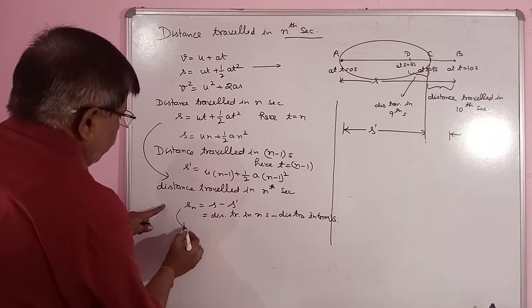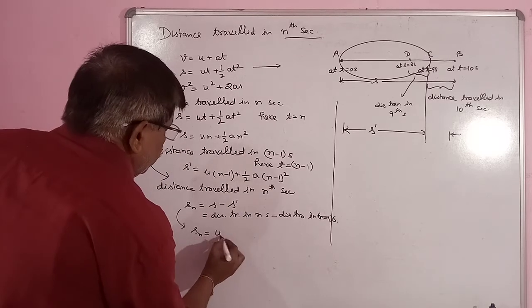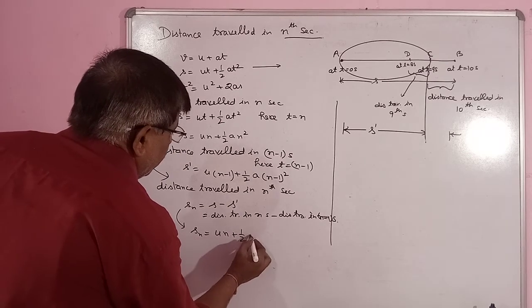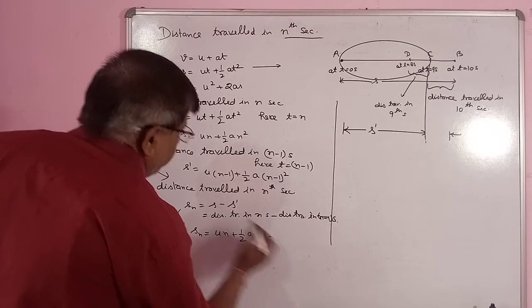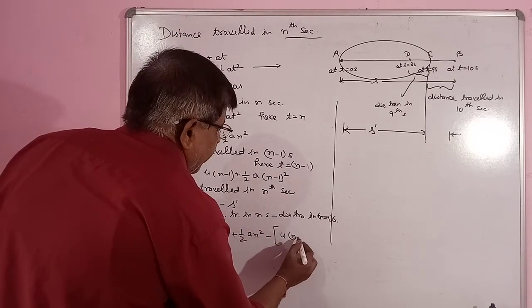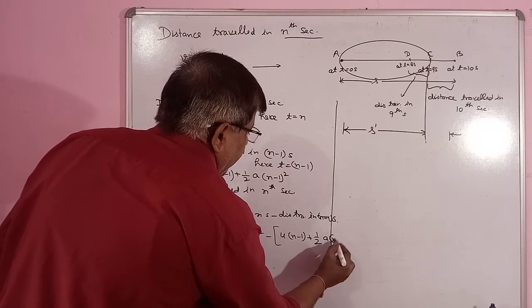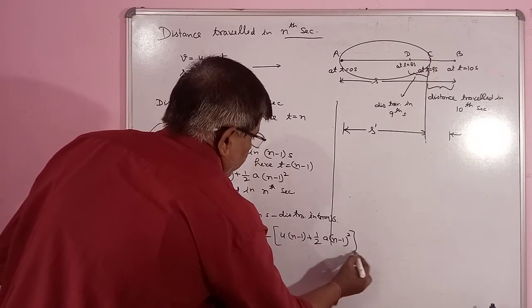So from here Sn equal to un plus half an square minus, un minus 1 plus half a into n minus 1 whole square.